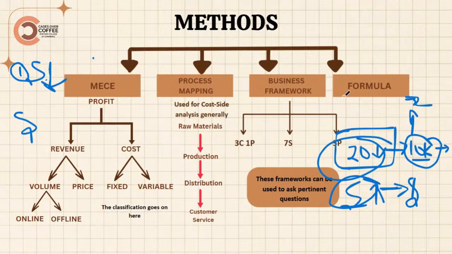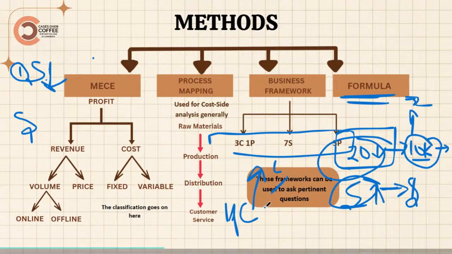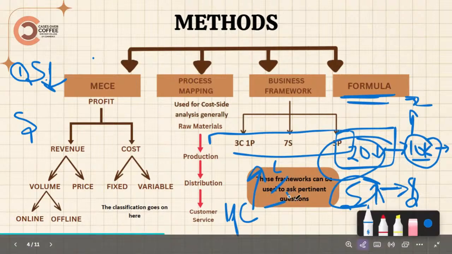Now, the formula approach is very useful. I have explained this with a similar example in my previous session. I'm just repeating the same stuff. In business frameworks, there are many, but some of the very popular ones would be the four C's of marketing, where we try to analyze the competitors, the cost, the customer, and the company.